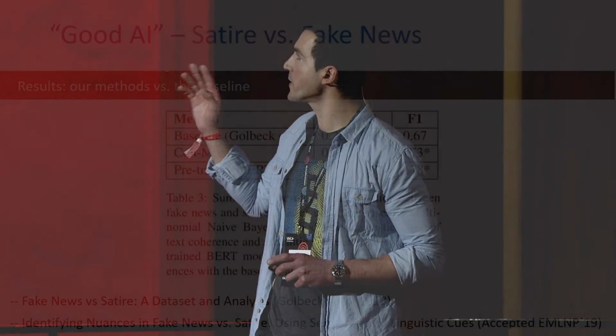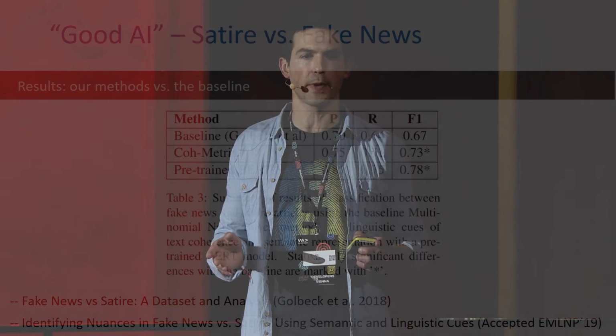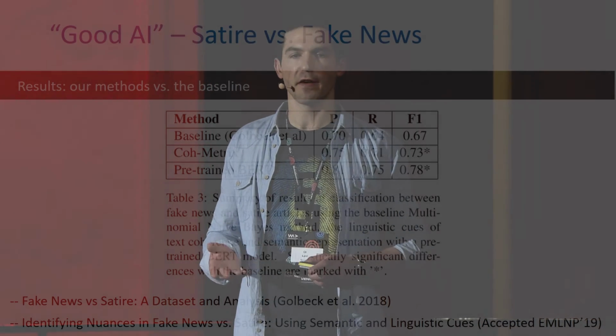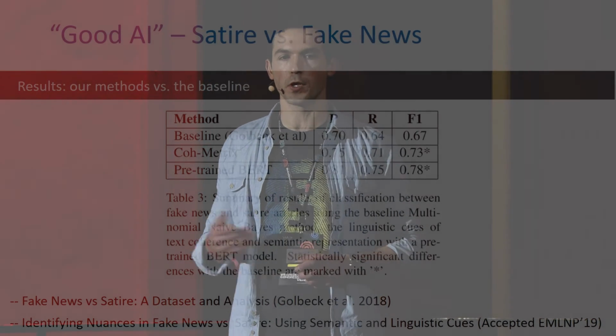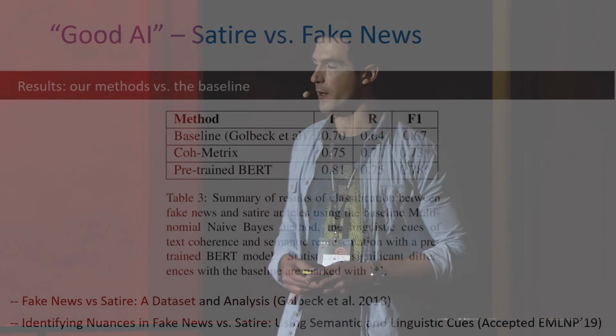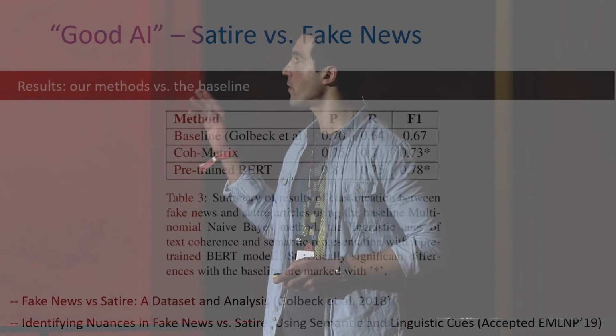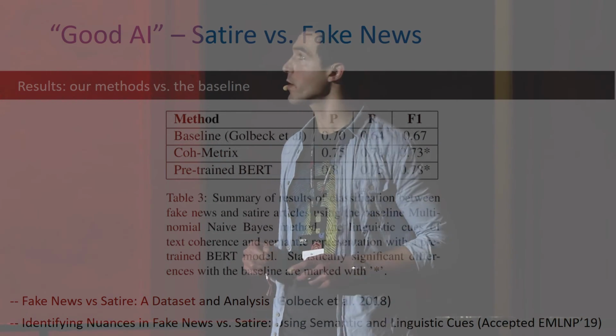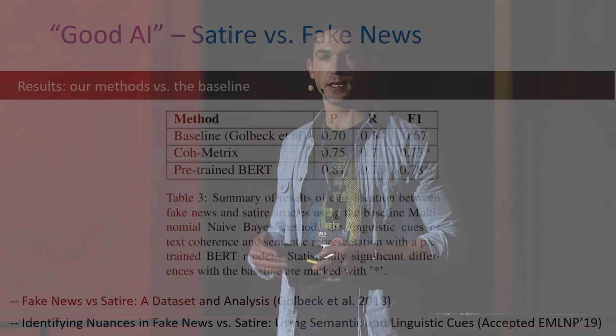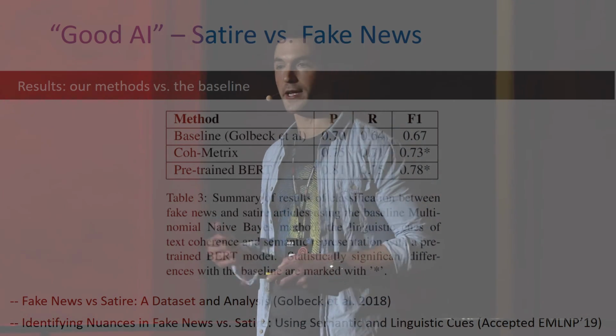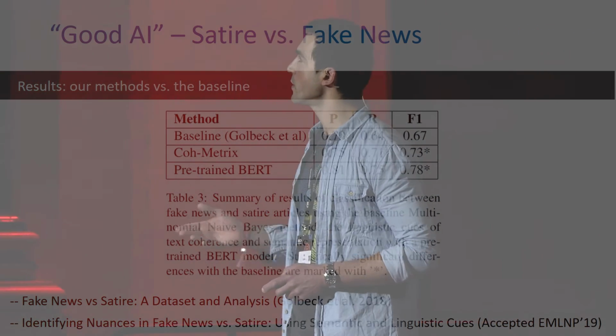And they also presented the baseline. It was a very simple baseline. They used the TF-IDF representation and a multinomial naive Bayes classifier. So then what we did in our work, we implemented the two methods that I showed before, the coherence metrics. This is the list of indicators of text coherence. And we used logistic regression.